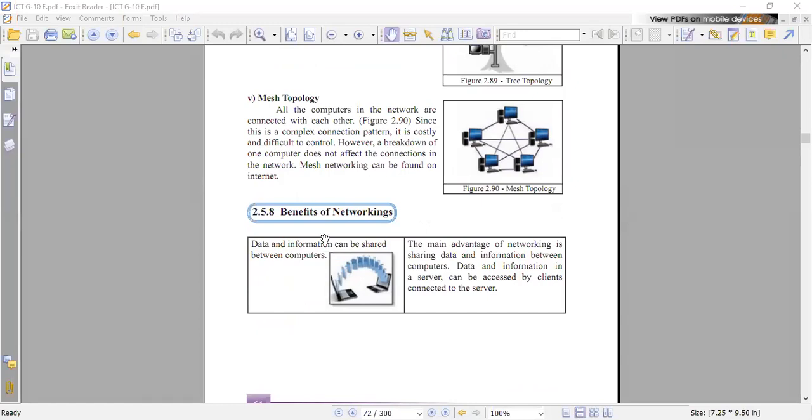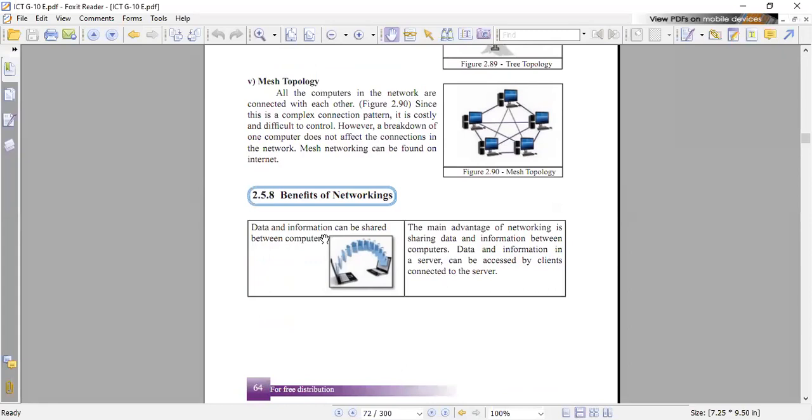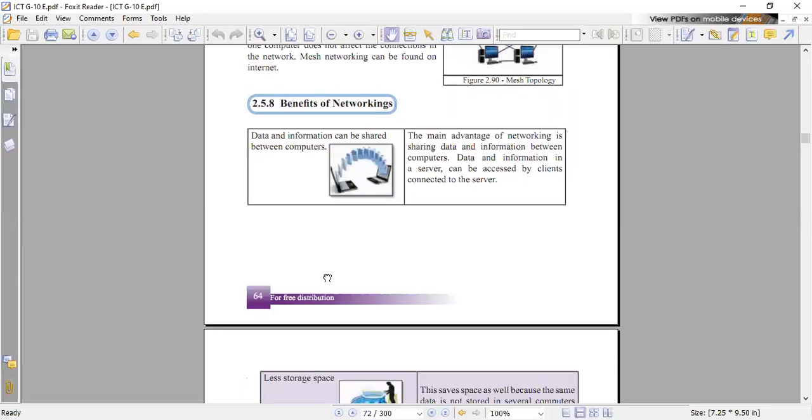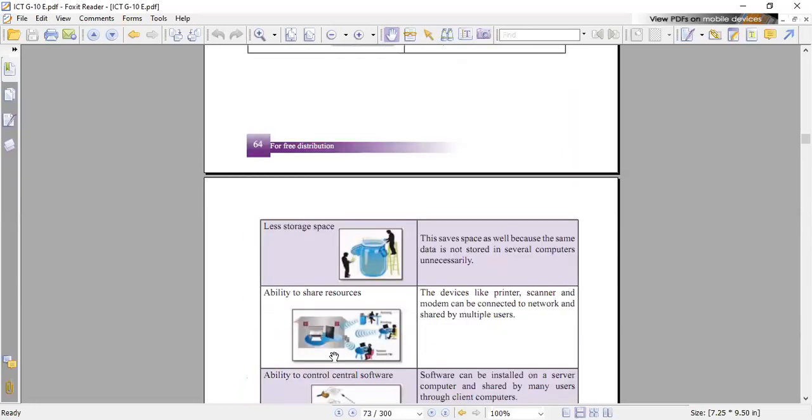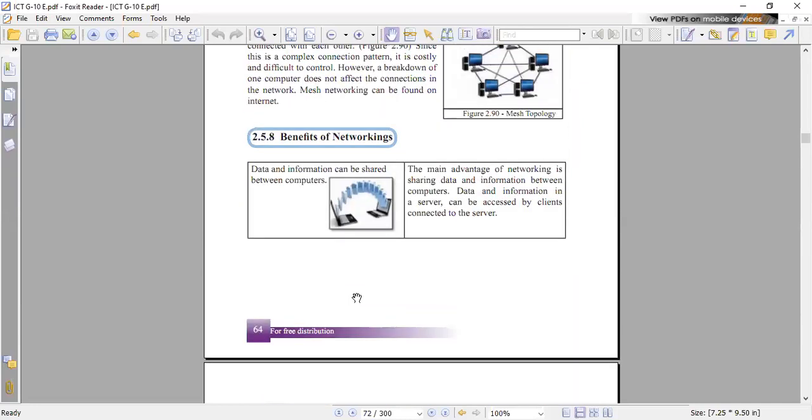One is we can share devices, peripheral devices, data, information, everything, right? Under that, write down advantages of networking, in point form. First point: Data can be shared between computers.